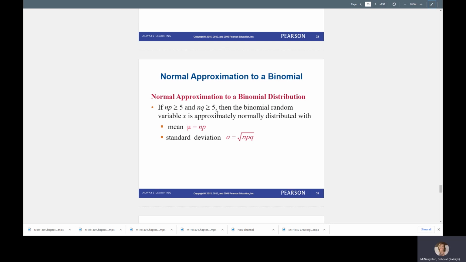And remember, this X represents the number of successes in n independent binomial trials, right? So X is the number of successes. So our mean will be n times p and our standard deviation will be the square root of npq.